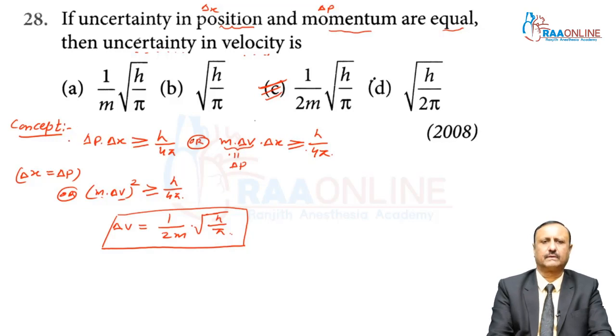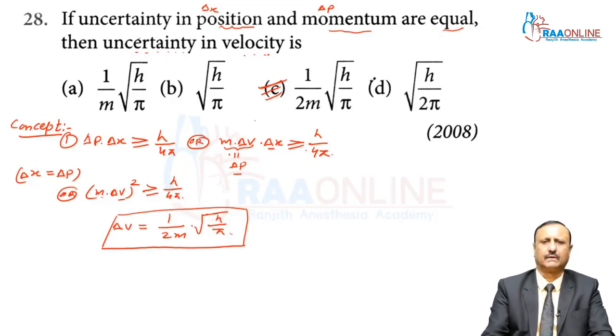First of all, use the formula delta P into delta x is equal to or greater than h upon 4 pi, and put the values of delta P as m into delta V. Delta P and delta x are equal, as given in this question.